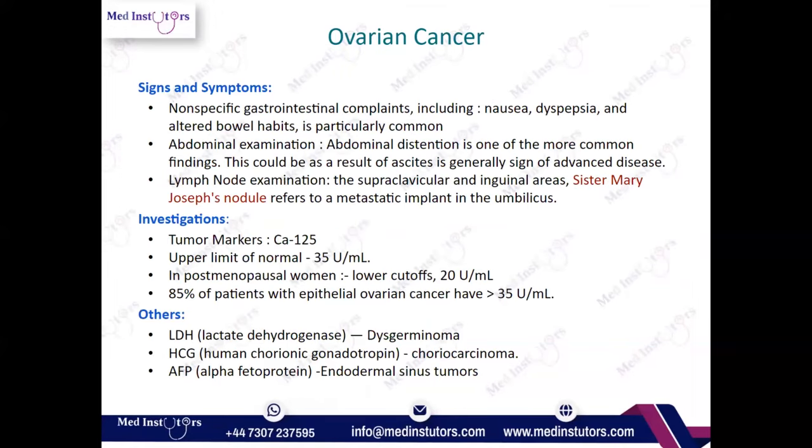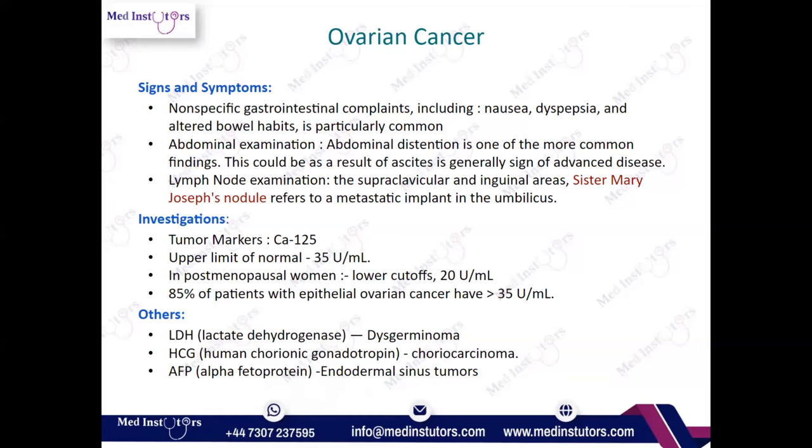Okay, signs and symptoms. There are some non-specific GI symptoms. They may include nausea, dyspepsia, altered bowel habits, and these are the symptoms with which the patient comes to you. When you examine the patient and particularly do the abdominal examination, you may find abdominal distension, which may give you an idea that the disease is advancing.